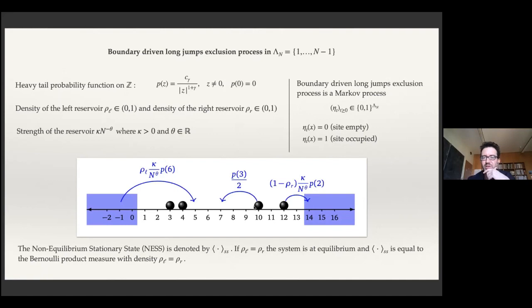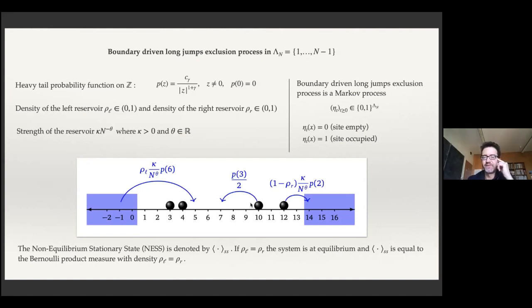Exclusion process means that on each site of the lattice you have only one particle or zero particles. This is the exclusion rule: you cannot have more than one particle on each site, and it gives some interaction between particles. Particles act as independent random walks, but with the interaction given by the exclusion rule.